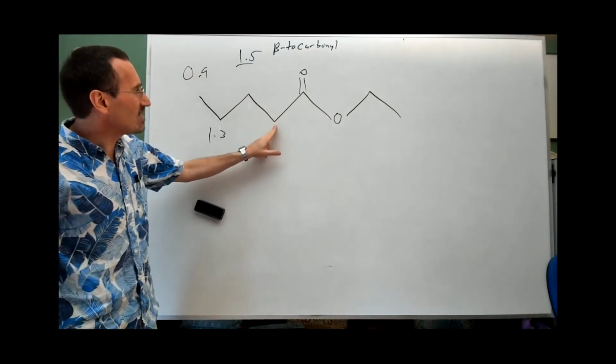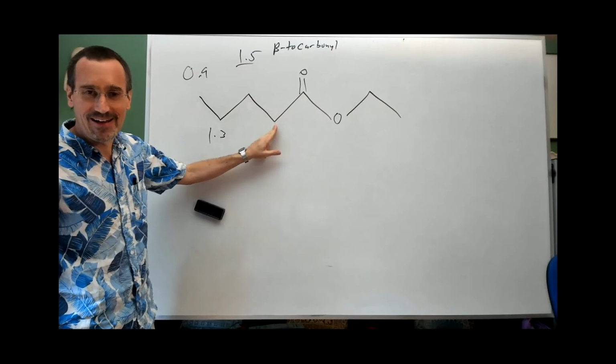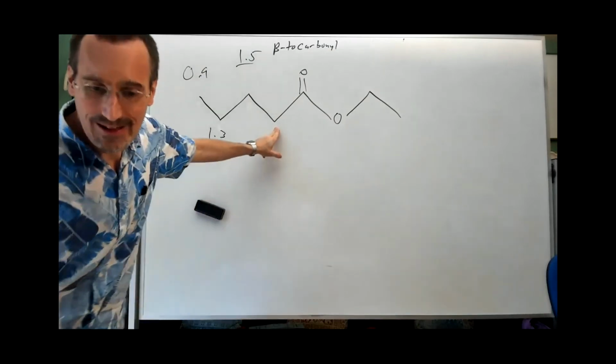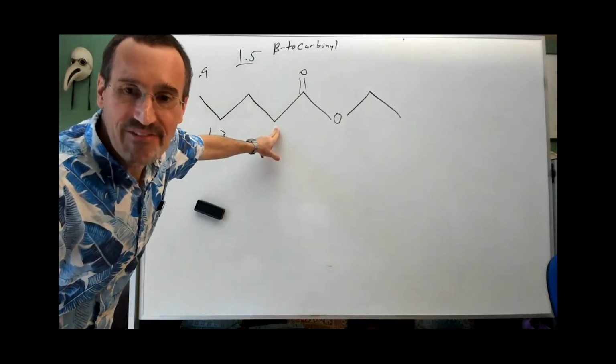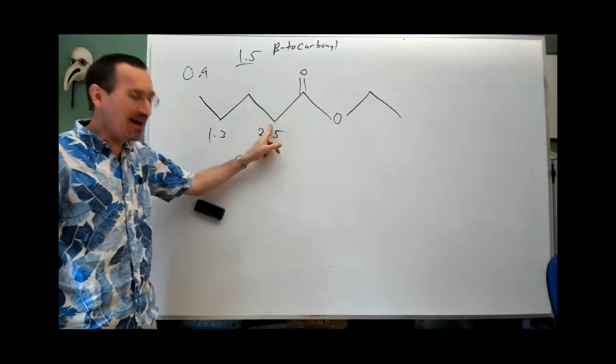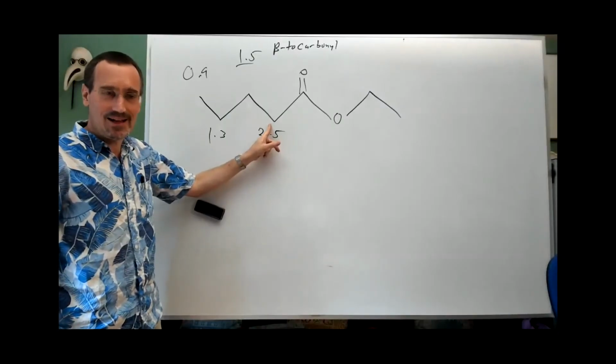How about for this methylene group? I put that as 2.5. And how do we get 2.5? I forgot, but the alpha carbon after the carbonyl is around 2, I guess, and then binding to another carbon, I added around 0.4.